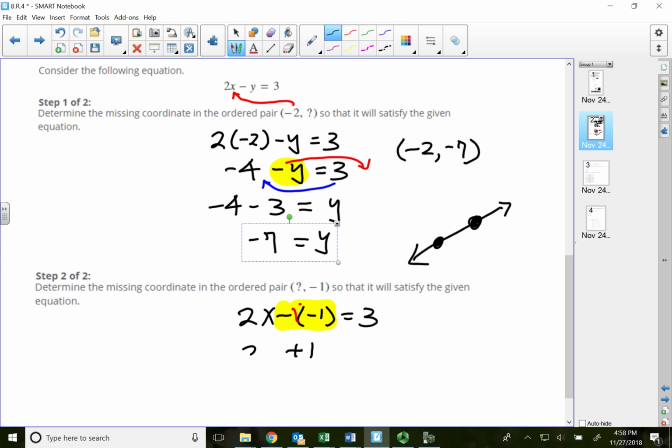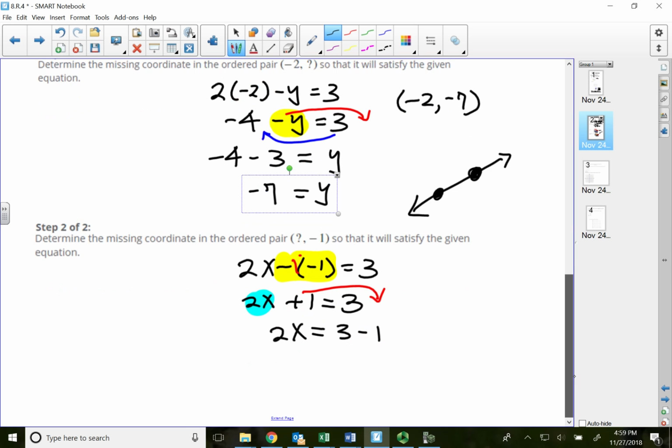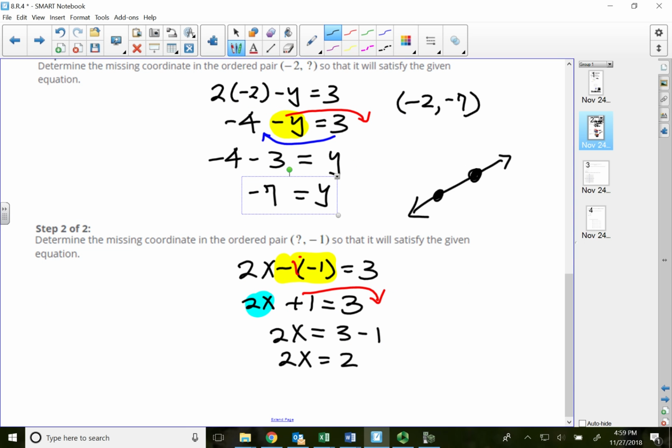So my 2x plus 1 is now equal to 3. Our job here is to solve for x. Since my variable term is positive already, I'm going to let it stay. So let's move the +1 over. That will give me 2x equal to 3 minus 1, since the +1 comes over and becomes negative. So I should get 2x equal to 2, and x is equal to 1. Divide both sides by the coefficient, like we did back in part 1. So we find out that when the y value is -1, the x value is 1.